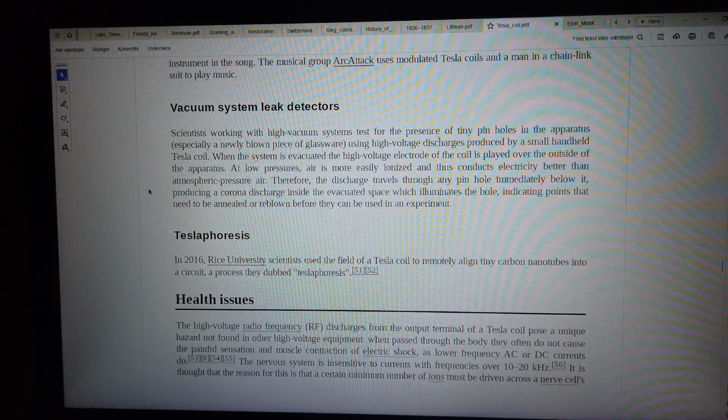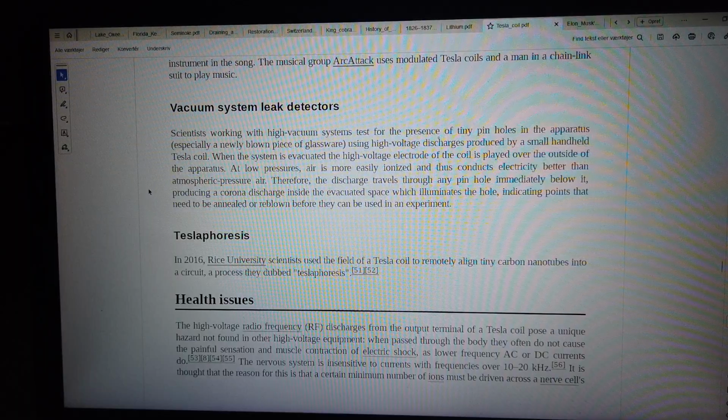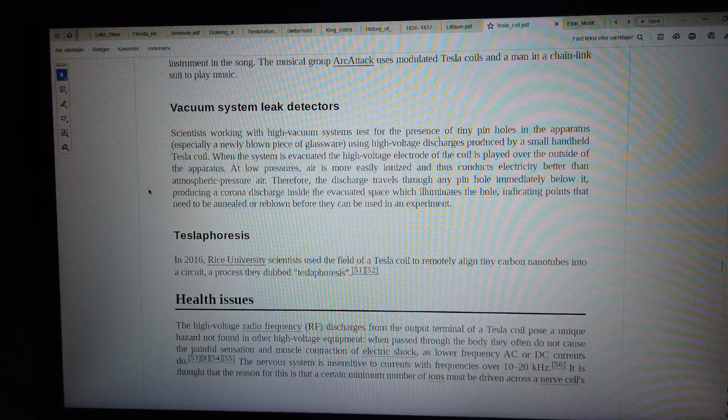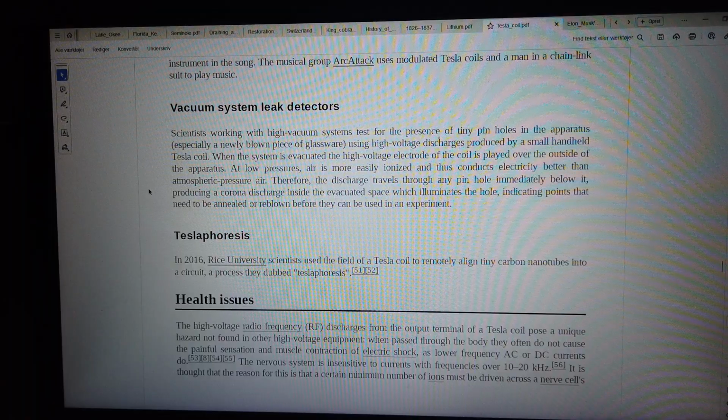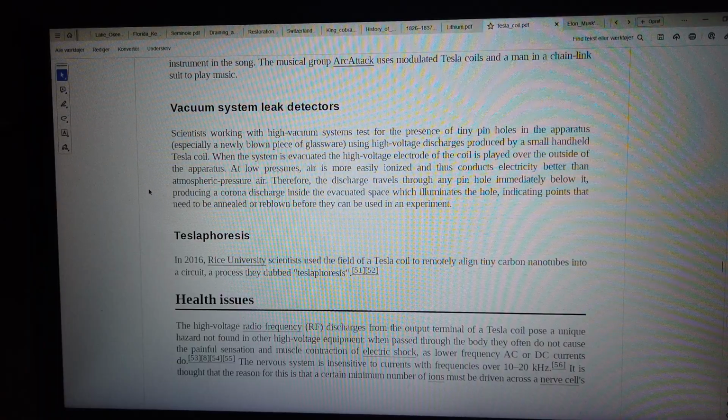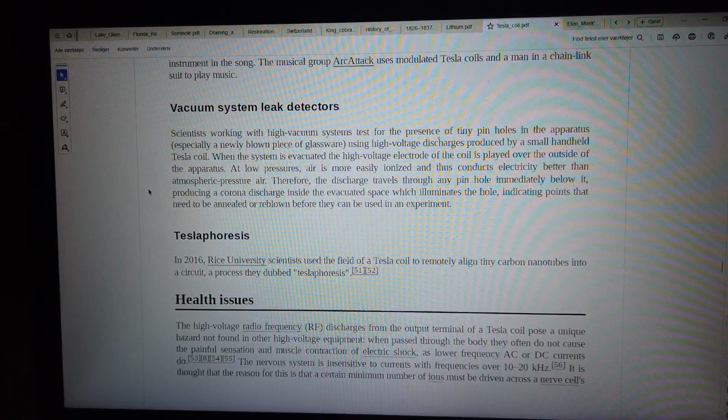At low pressures, air is more easily ionized and thus conducts electricity better than atmospheric pressure air. Therefore, the discharge travels through any pinhole immediately below it, producing a corona discharge inside the evacuated space which illuminates the hole, indicating points that need to be annealed or reblown before they can be used in an experiment.